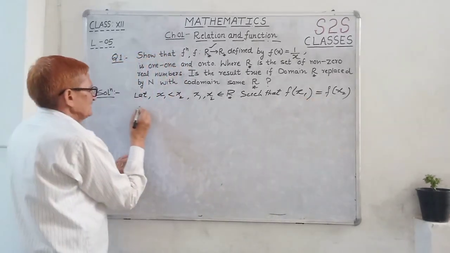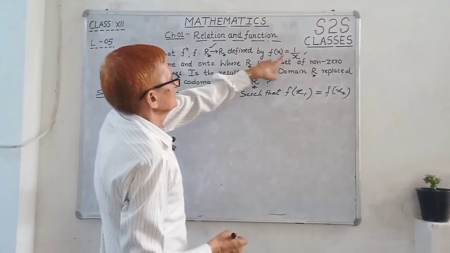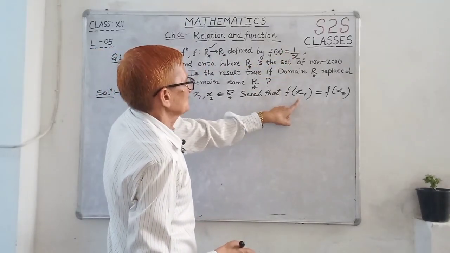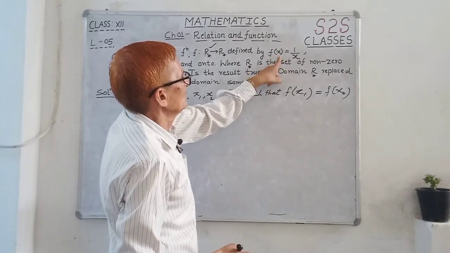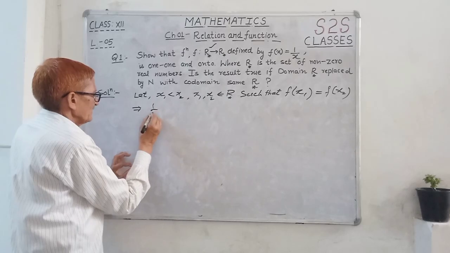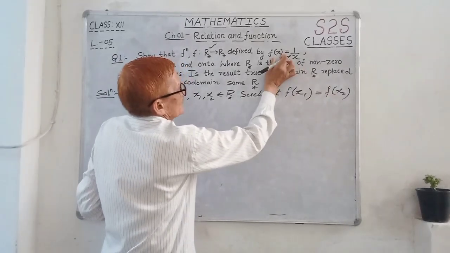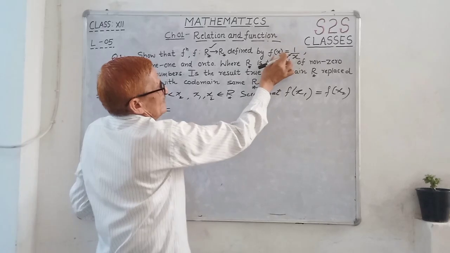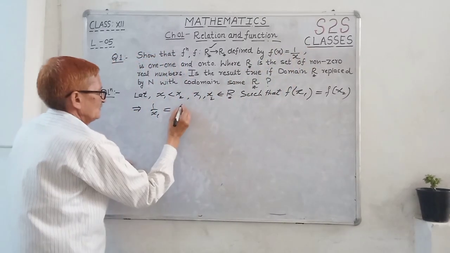So this implies that function value f(x) is equal to 1 upon x. If we put x1, what will f(x1) be? 1 upon x1. Then 1 upon x1 is equal to f(x2) value. Put x2 in the function, then f(x2) will be 1 upon x2.